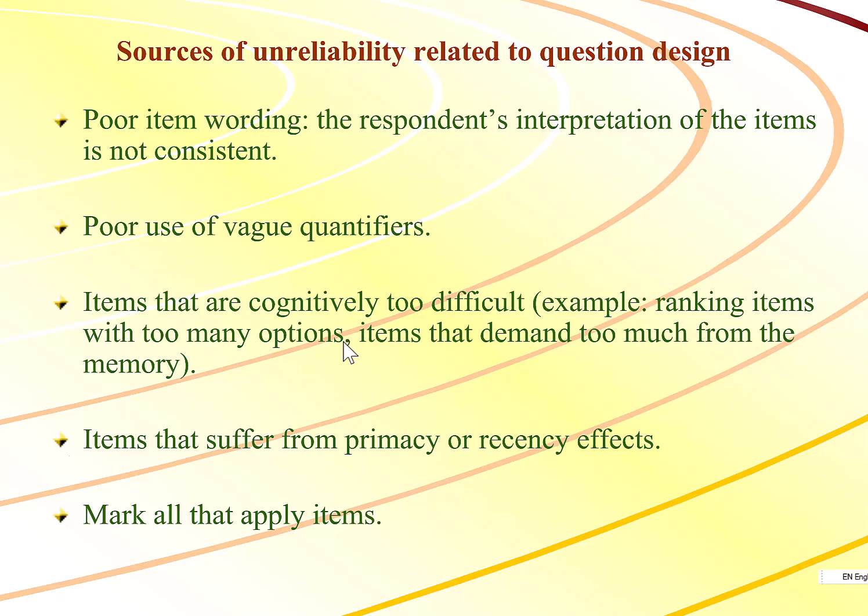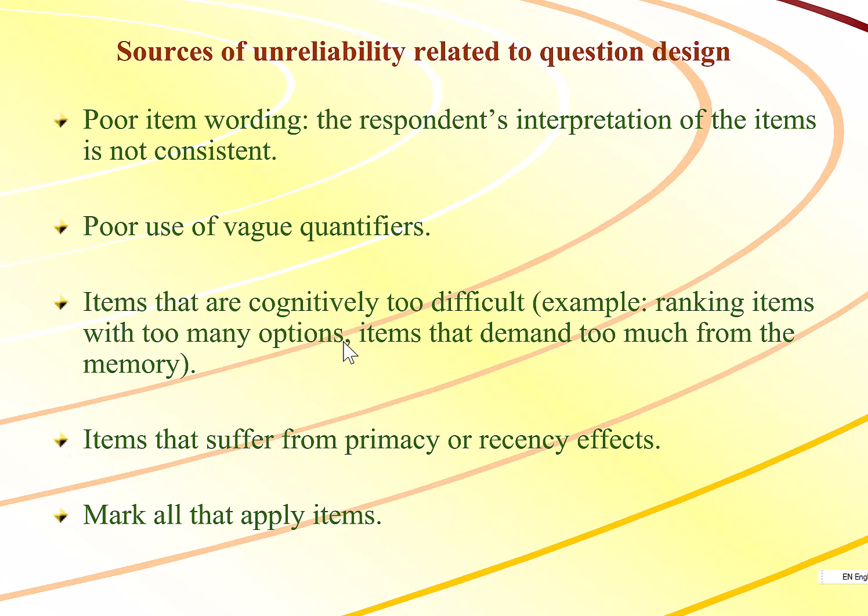These are vague quantifiers because the interpretation of them varies between respondents. For example, if you ask someone how frequently they attend religious services, and you use always, frequently, occasionally, and never, some respondents may think frequently is once a week, some other respondents may think frequently is once a day.